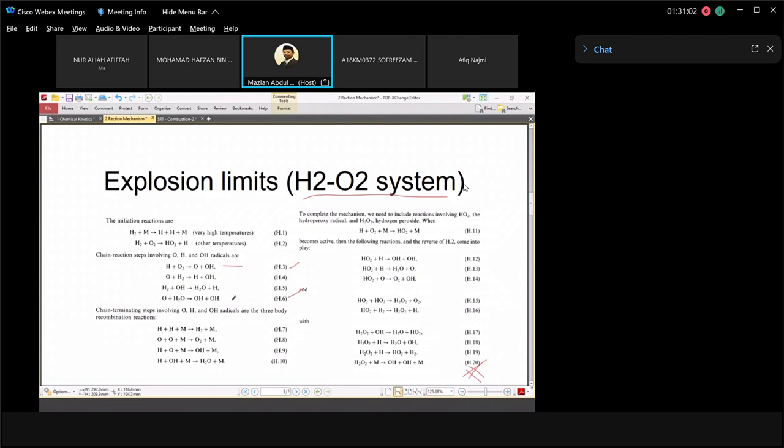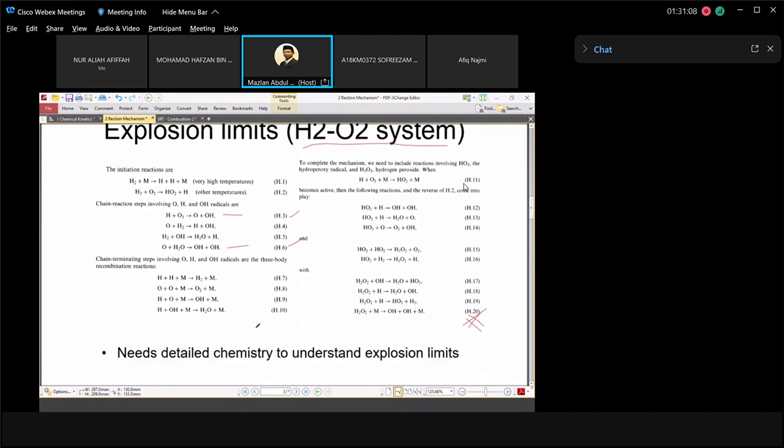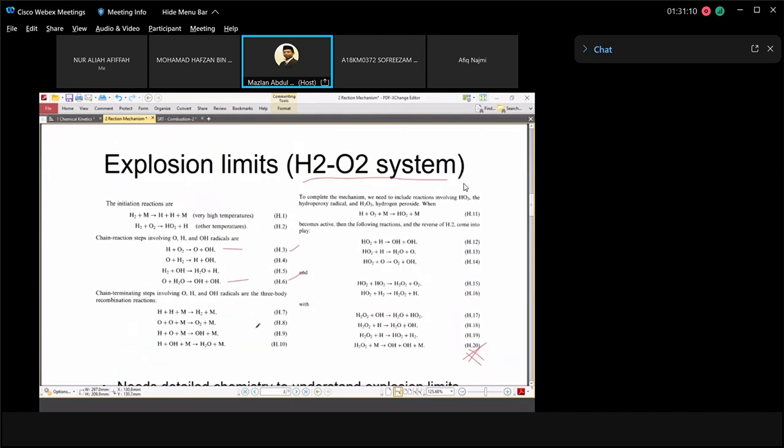The prevailing or important reaction is what causes chain changing. How does explosion happen? When you have two species multiplying and producing more radicals at a very fast rate, these radicals make the pressure suddenly go up and then it causes explosion.